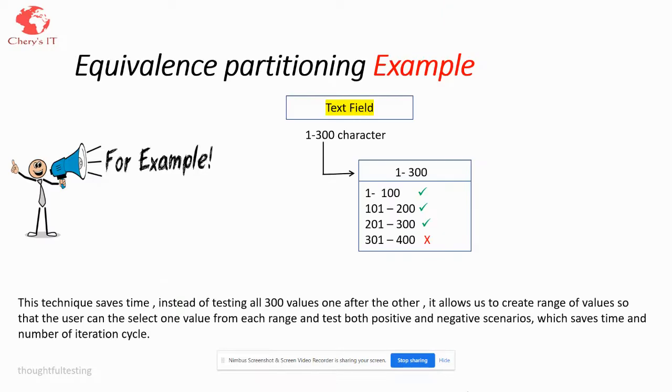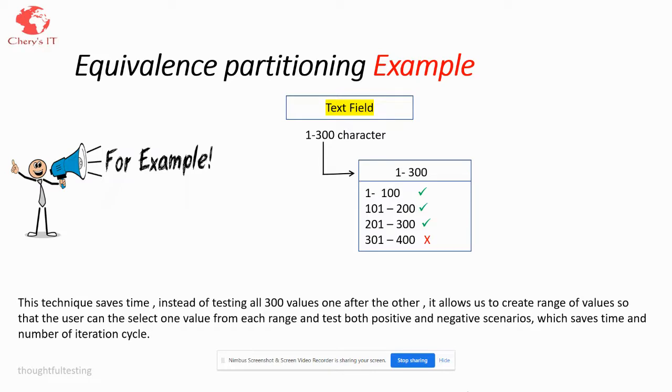In this example, the text field is accepting 300 characters. The limit for the text field is 300 characters. It should not accept beyond 300. This technique allows us to divide that criteria into certain ranges. So I have taken 1 to 100, 101 to 200, 201 to 300, and 301 to 400.